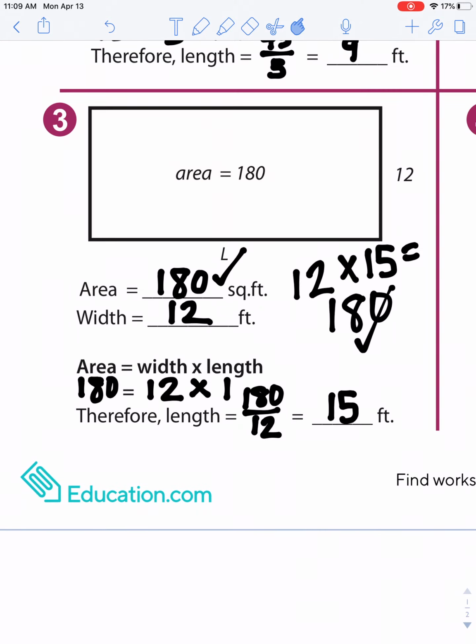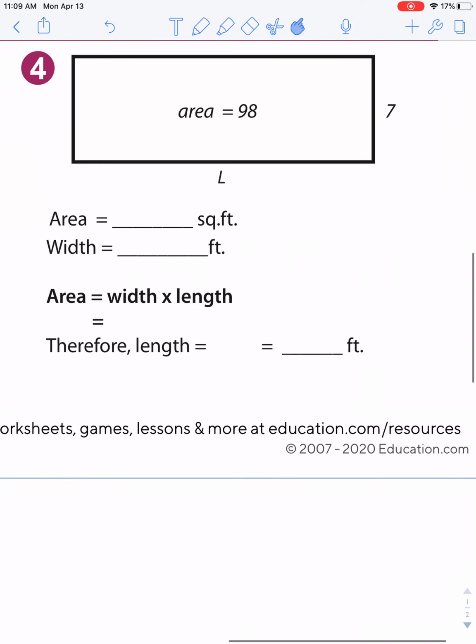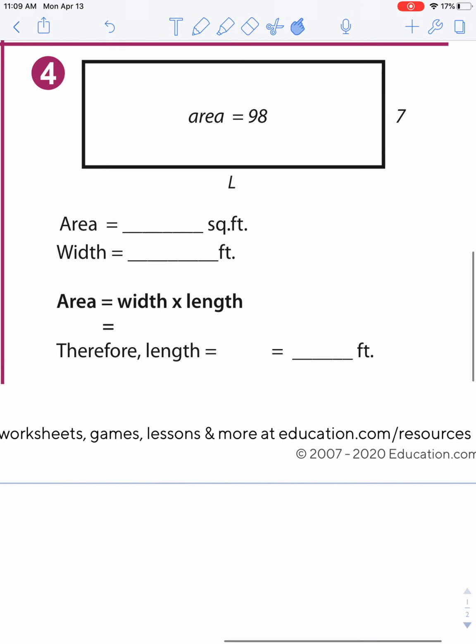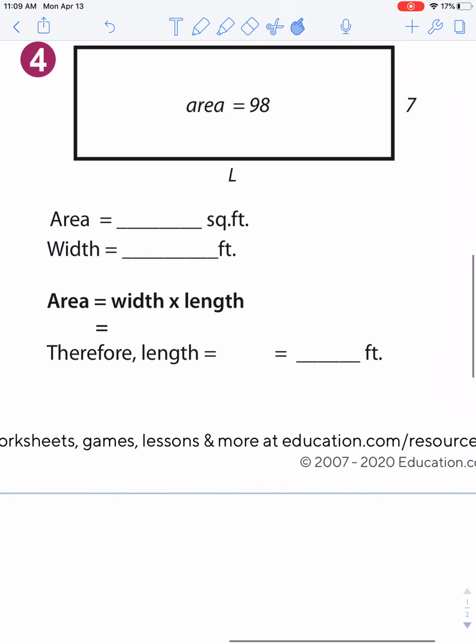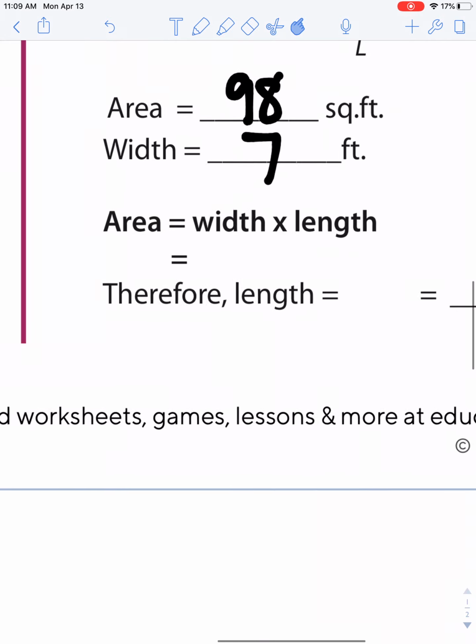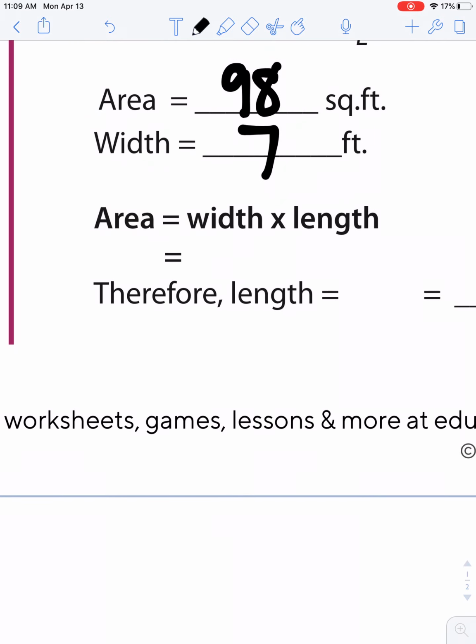All right, let's move on to the last one, number 4. They are telling us that the area is 98 square feet. They're telling us that the width is 7. So let's fill that information into the formula. The area, 98, equals the width 7 times that missing length.